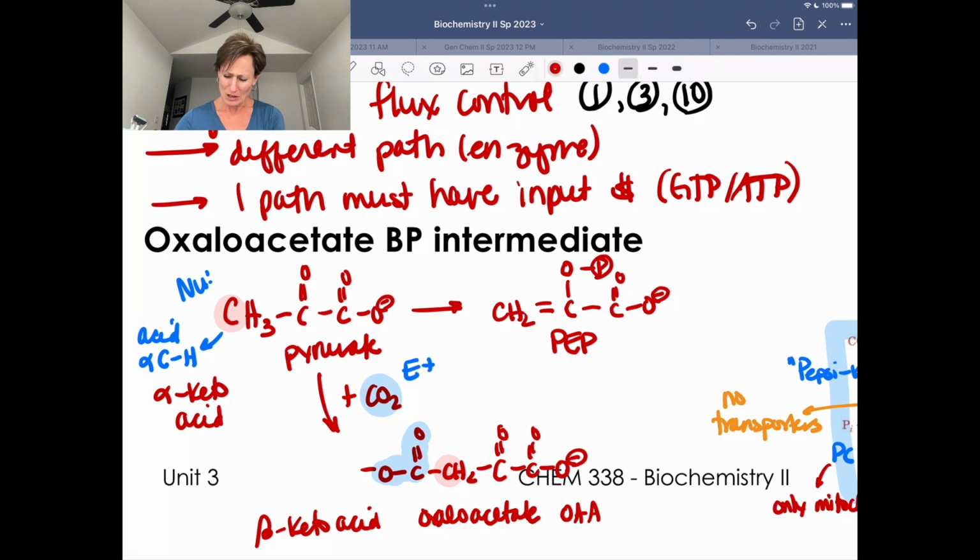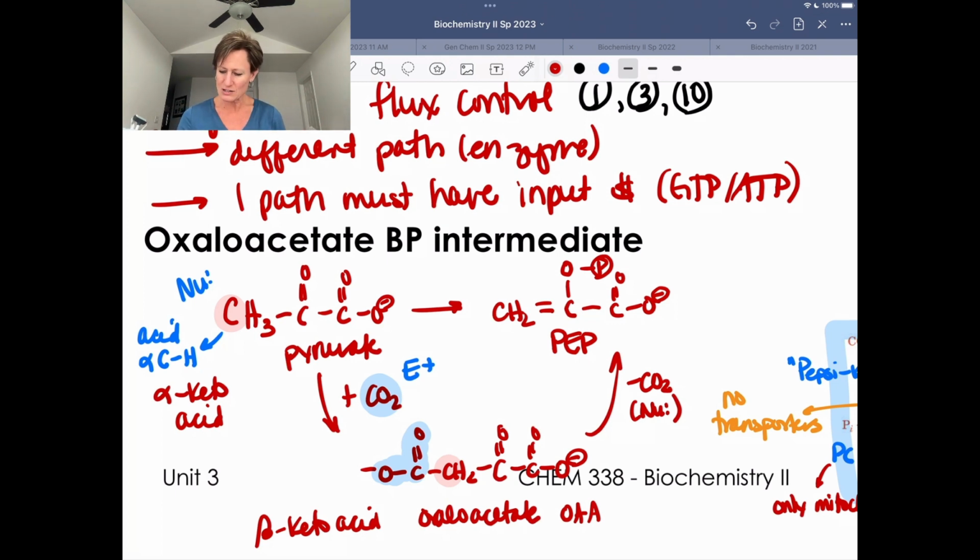So it might seem like we just went totally in reverse because now we're removing CO2 and making that nucleophile, but the idea is that we're making that nucleophile in a very potent, usable form. So this is a biological trick we're going to see often: we carboxylate something to make a beta keto acid so that, in a subsequent step, we can decarboxylate it and make that nucleophile to do something else with it.